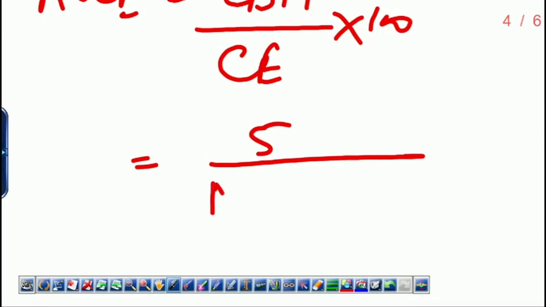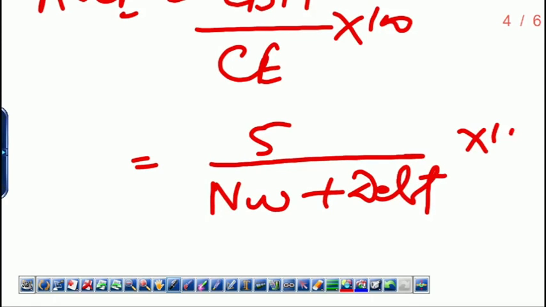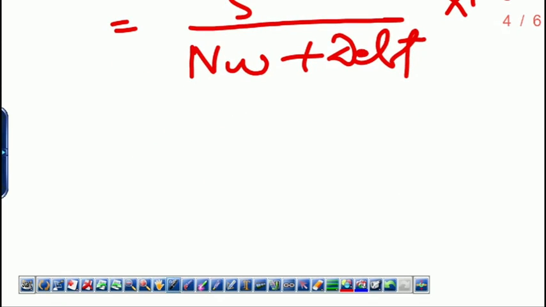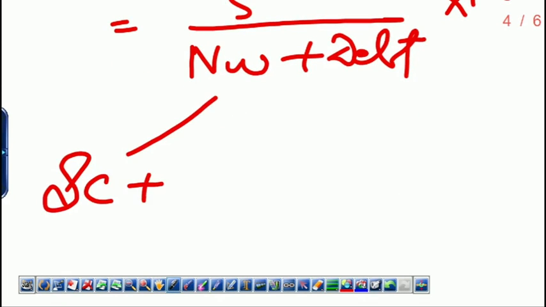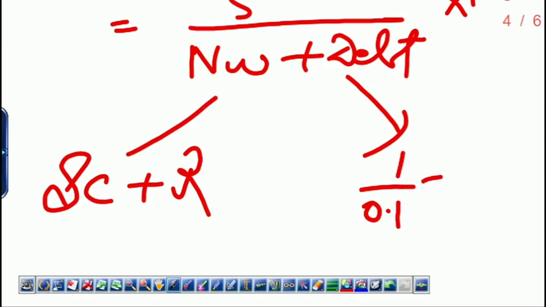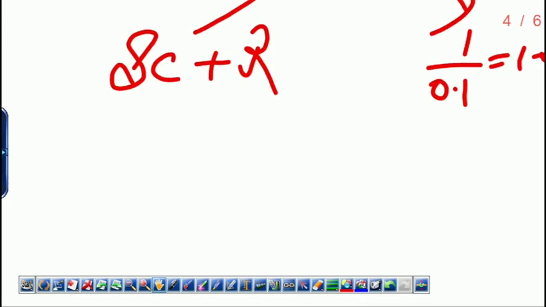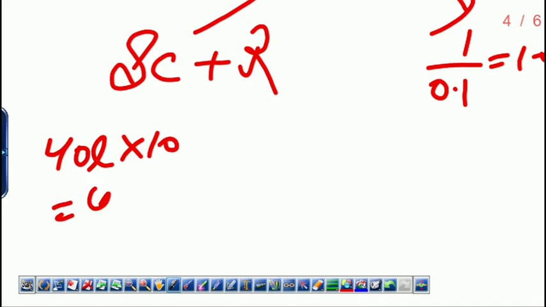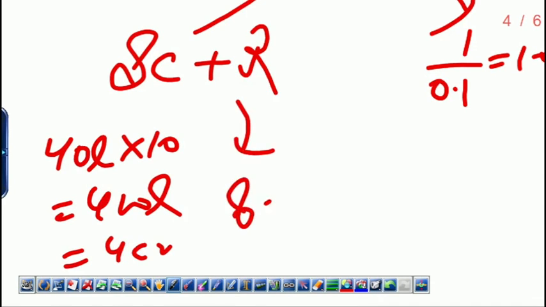And capital employed is net worth plus debt. Net worth is share capital plus reserves. Debt is 1 by 0.1 equal to 10. Share capital is 40 lakh shares into 10, which is 400 lakh, that is 4 crores. Reserves is 8 crore.